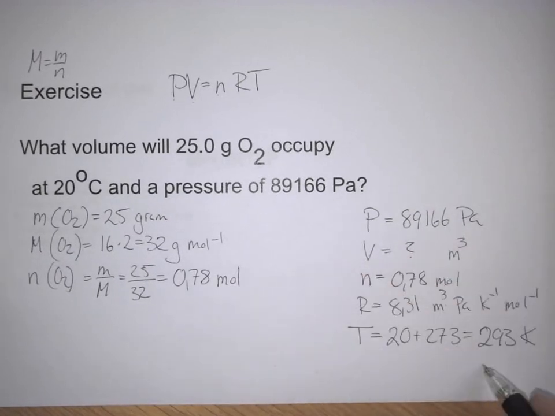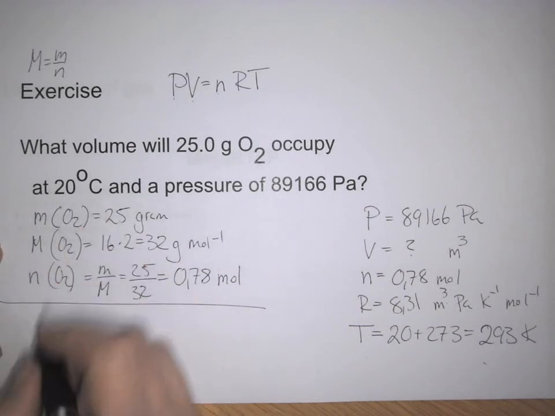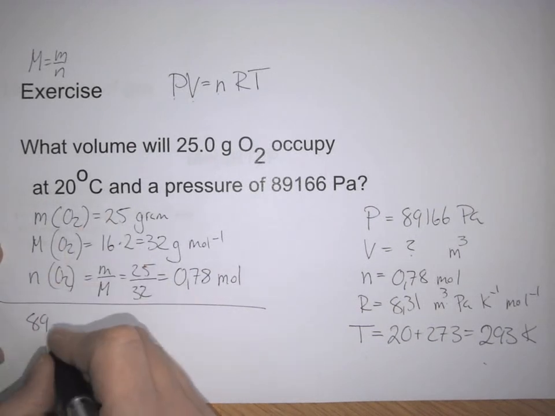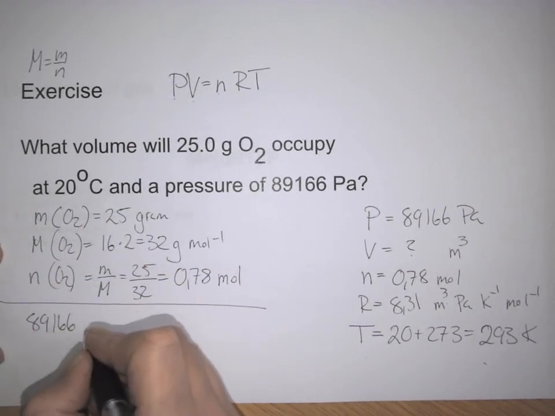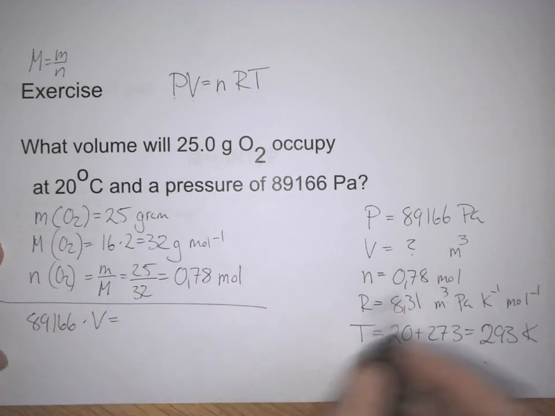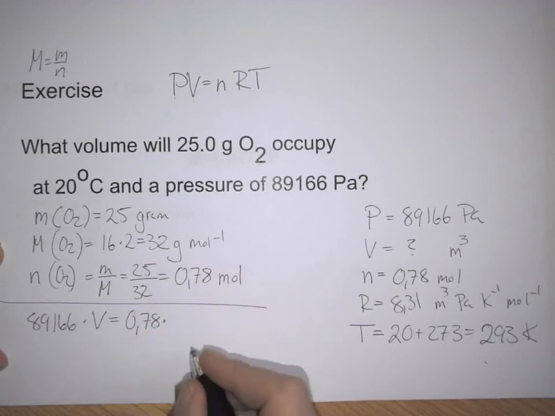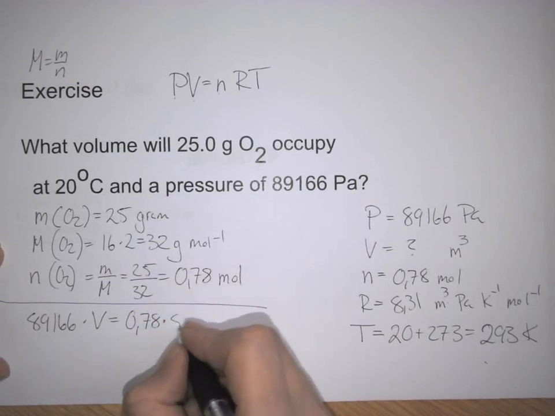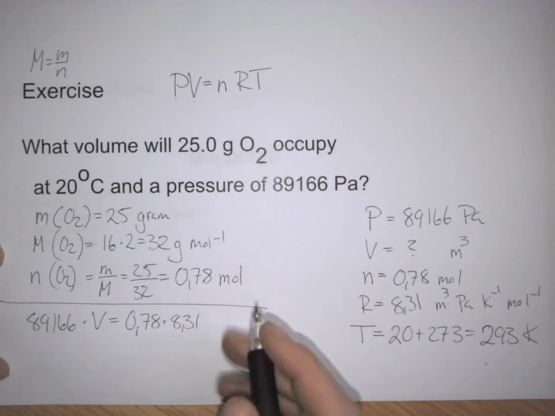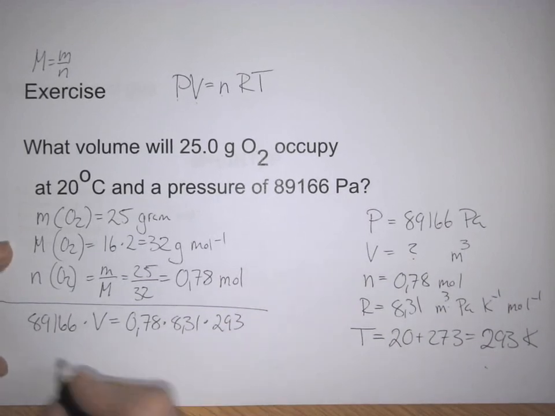Okay, now we have stated everything we need to know, so we can just take the equation. P was 89,166 times the volume. We don't know that. That is what we want to know. Amount of substance was 0.78. The R, the gas constant, is 8.31, and the temperature 293.